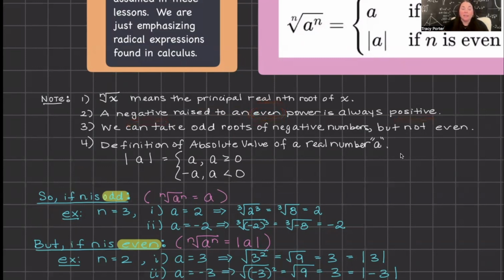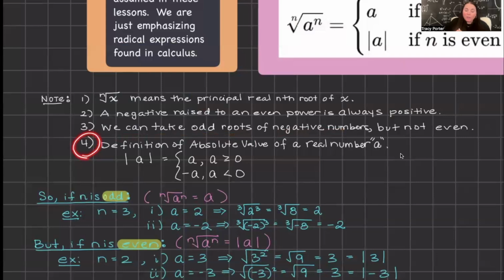So we can't take a negative number, raise it to an even power, and come out with a number that is negative. It's always going to be positive. Now, we can take odd roots of negative numbers, though, because if you take a negative and raise it to an odd power, then you can come out with a negative.